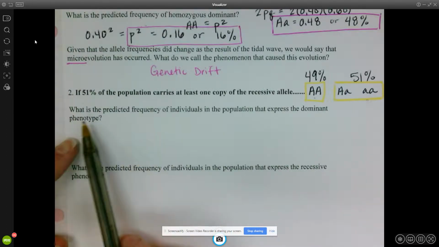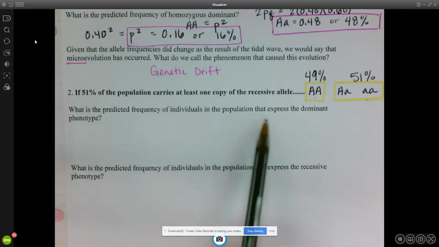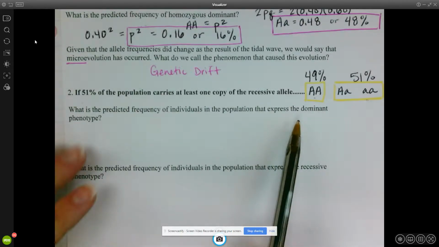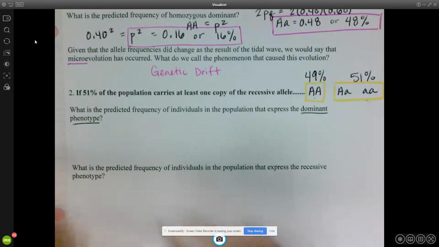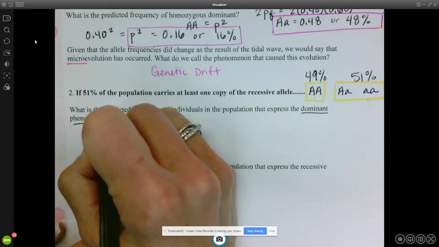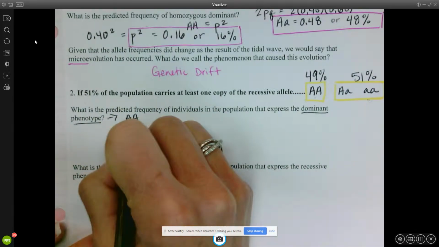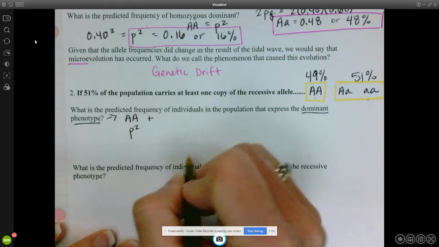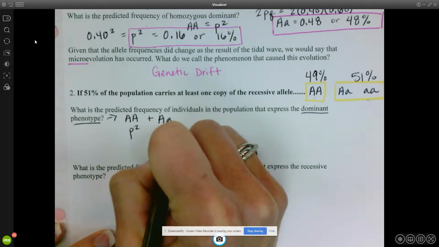So, moving on up. What is the predicted frequency of individuals in a population that express the dominant phenotype? So we want to find the dominant phenotype. Now this is a little tricky, maybe, because the dominant phenotype could be homozygous dominant, P squared, or heterozygous, 2PQ.